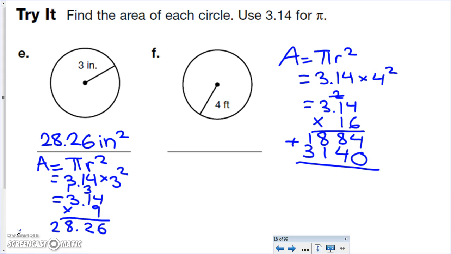Then we're going to add the 2 partial products together. 4 plus 0 is 4. 8 plus 4 is 12. 1 plus 8 plus 1 is 10. 1 plus 1 plus 3 is 5. Then, because we have 2 decimal places in our factors, we need 2 in our answer. So the answer for F becomes 50.24 feet squared.